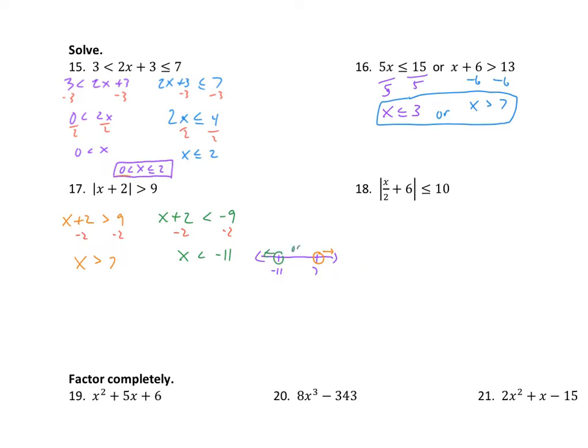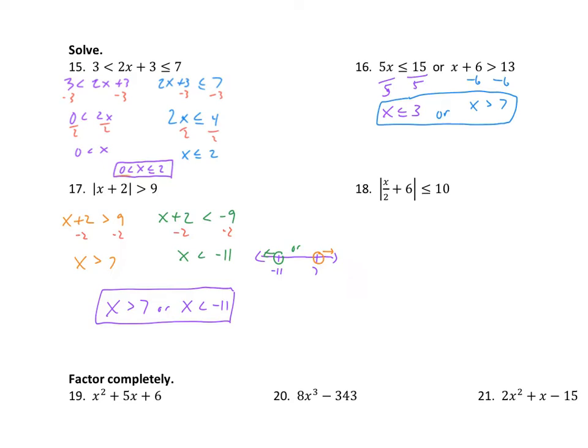So this is an "or", since they go away from each other. And so all I have to do is write x is greater than 7, or x is less than negative 11. And so there's our answer there. So you can use the visual, or you can just ask yourself, can a number be bigger than 7 and less than negative 11? No, a number can't do that, so it has to be an "or" since it can't be an "and".